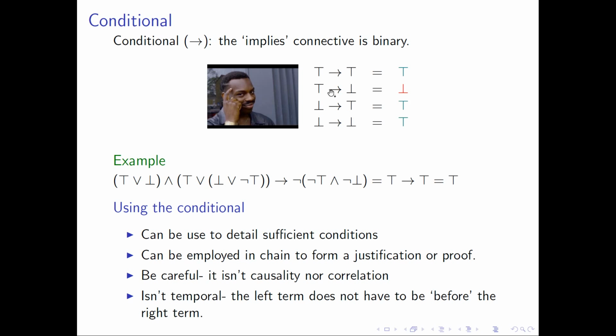But if the thing on the left-hand side is true, then the thing on the right-hand side must be true in order for our compound proposition to be true. If the right-hand side is false, then this implication is no longer valid, and so it is false.